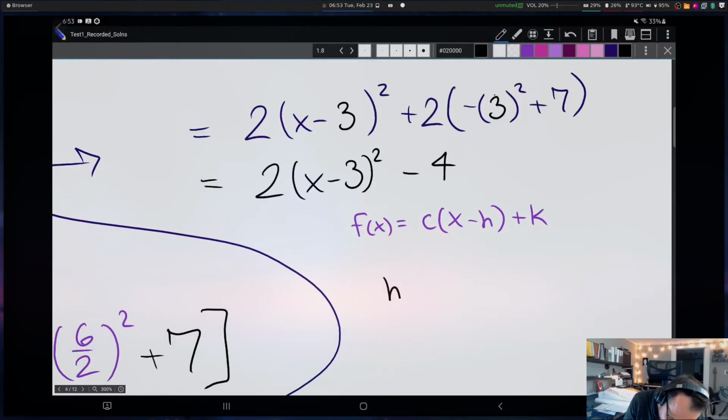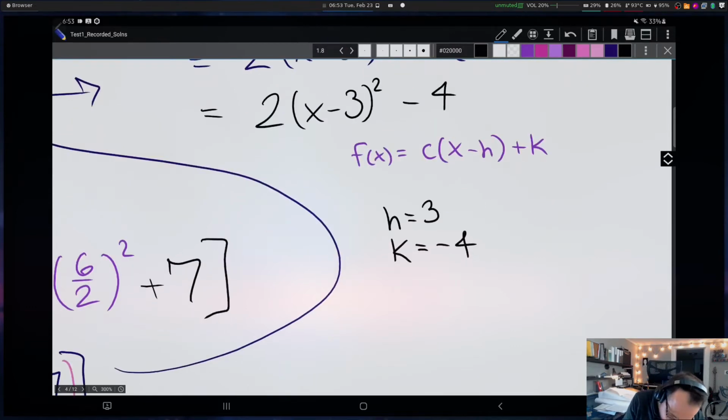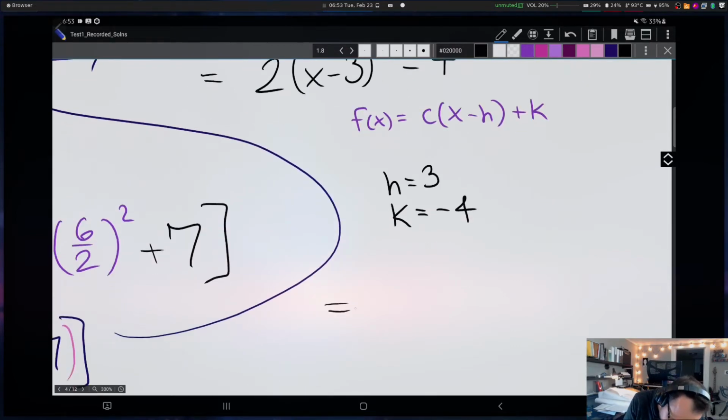I think this is telling me that h is equal to 3, and k is equal to negative 4. Okay, and let's double check to see if this works. We want to write the vertex as an ordered pair. So the vertex is of the form h, k, which is equal to 3, negative 4.